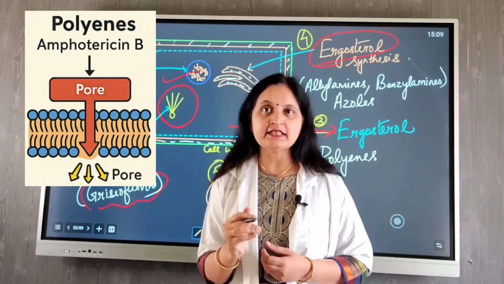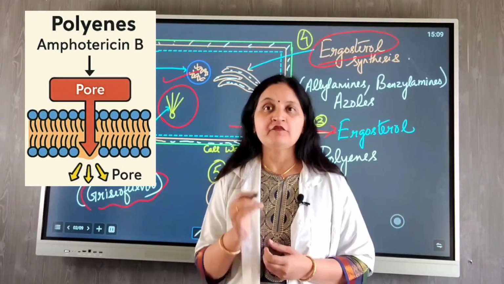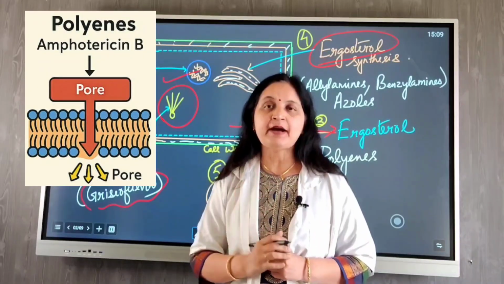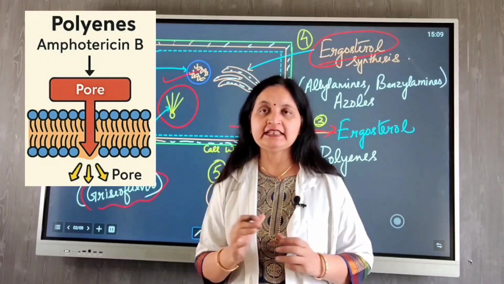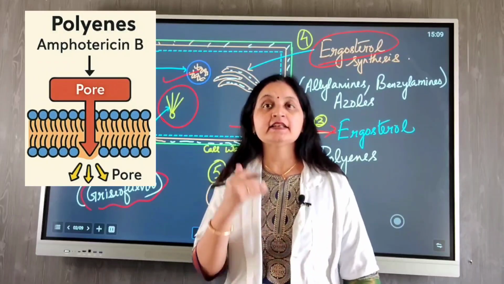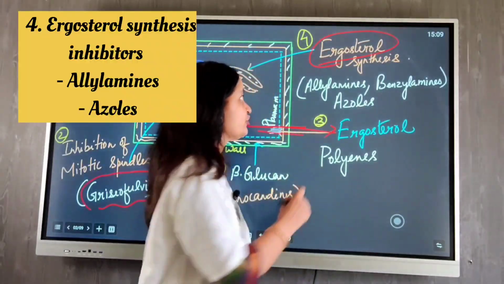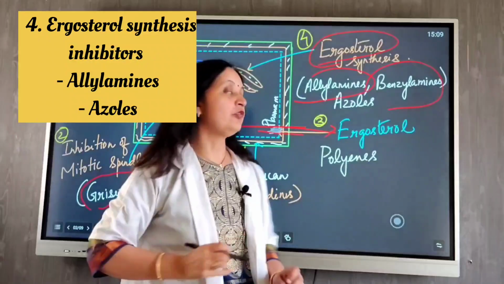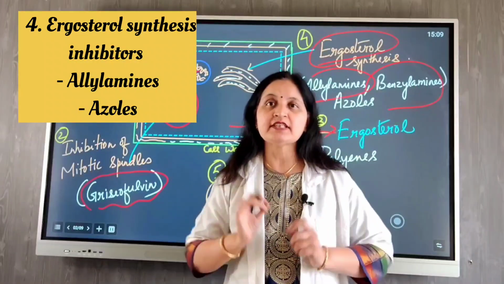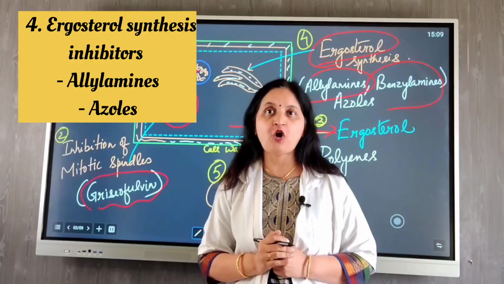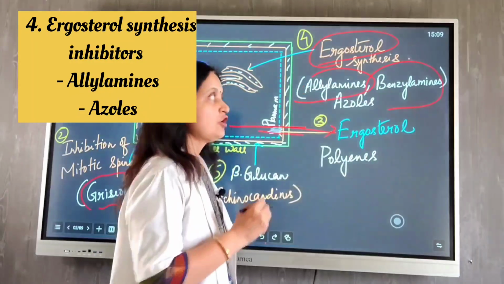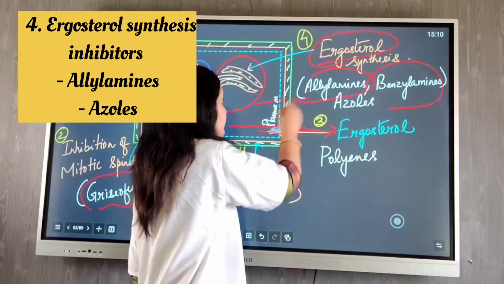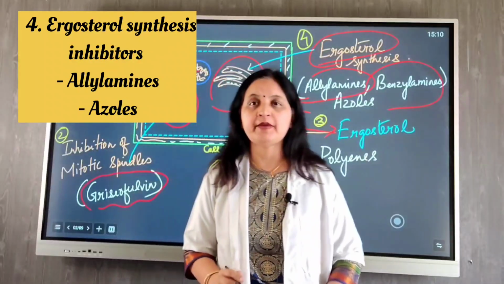Polyenes, which include amphotericin B and nystatin, directly bind to ergosterol, causing death of the fungal cell. Another class, allylamines and benzylamines, inhibits the enzymes responsible for the formation of ergosterol. Ergosterol is synthesized in the endoplasmic reticulum and forms an important component of the plasma membrane.